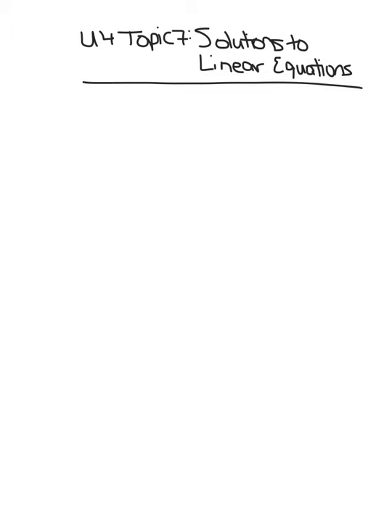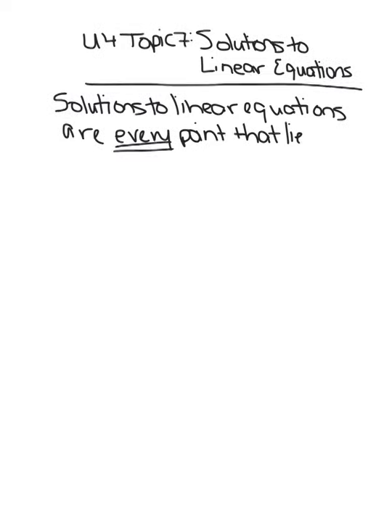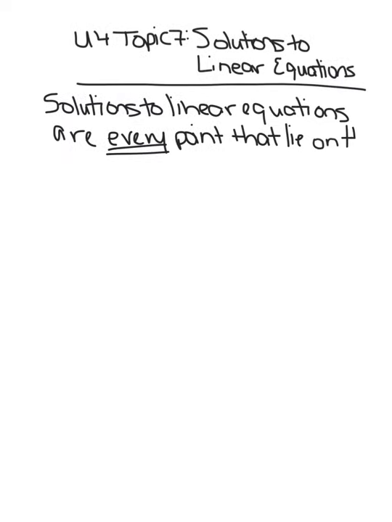So a solution to a linear equation is every point that is on the line. So let's go ahead and make a note of that. Solutions to linear equations are every point that lie on the line.